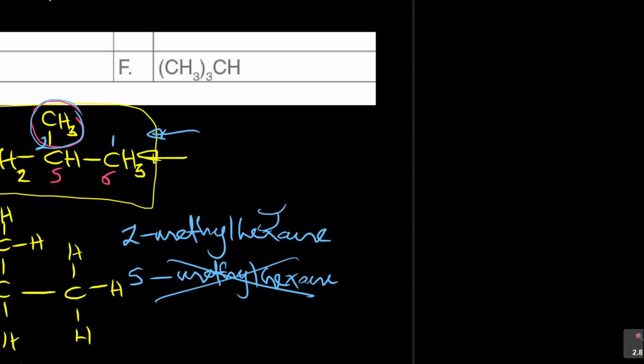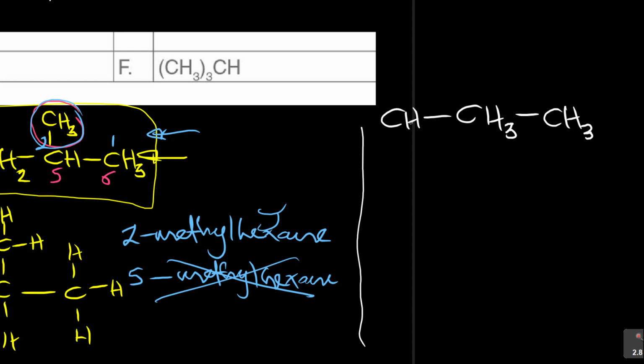Look at this one, F. If you had to draw compound F, look at this. It says there are 3 CH3 groups, CH. So how is it like? It's like you've got CH3, and then here I've got another CH3, and then, because there are 3 of them, I've got CH3, and then it says I've got CH.